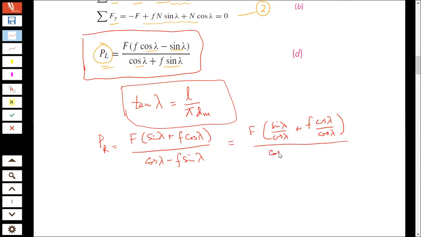So I'll have f cos of lambda over cos of lambda plus sine of lambda over cos of lambda, and then cos of lambda over cos of lambda minus f sine of lambda over cos of lambda.